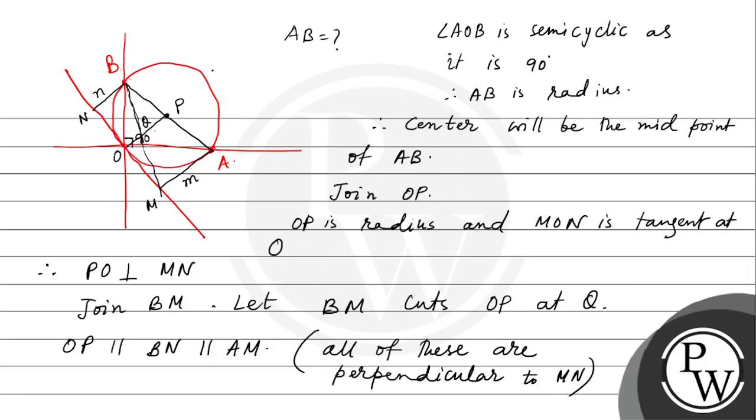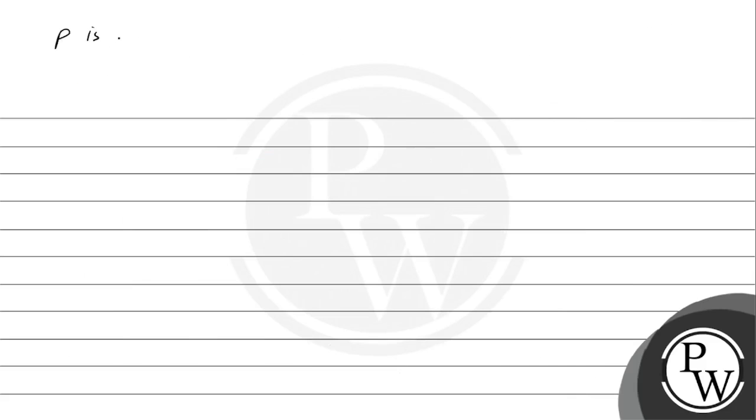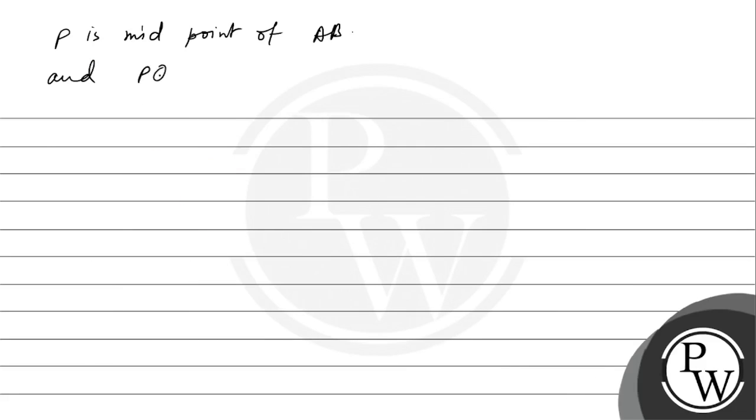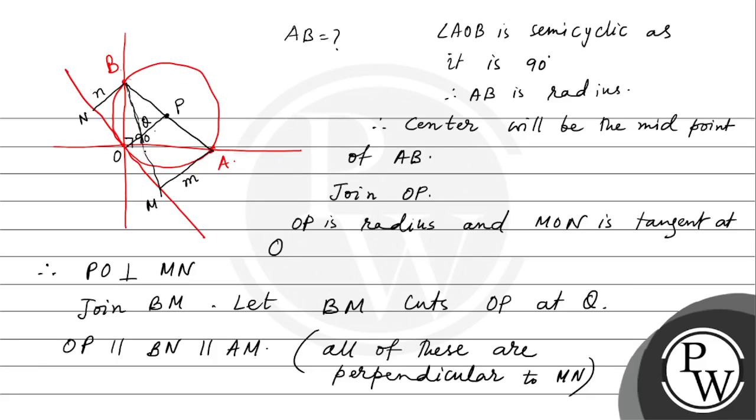Okay. Now see, by converse of midpoint theorem, P is the midpoint of AB and PQ is parallel to AM. So what does it mean? Q is midpoint of BM.